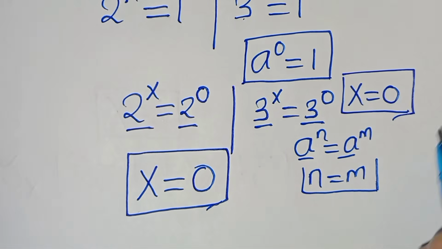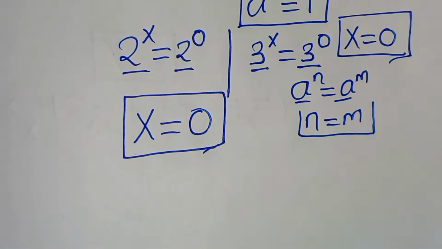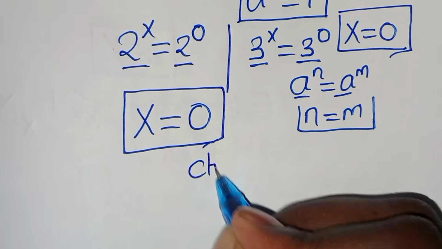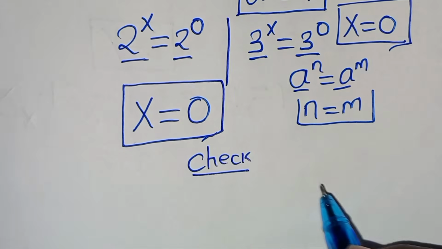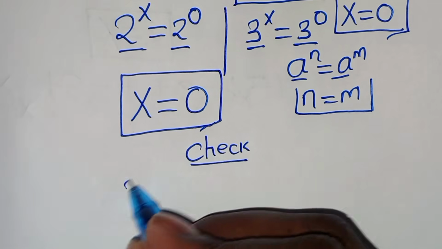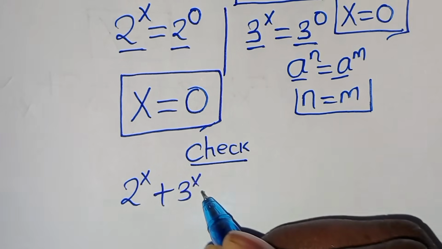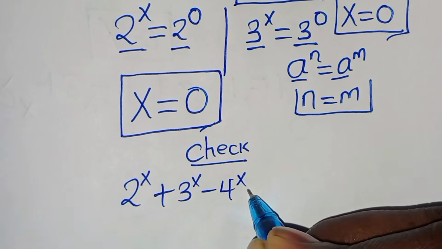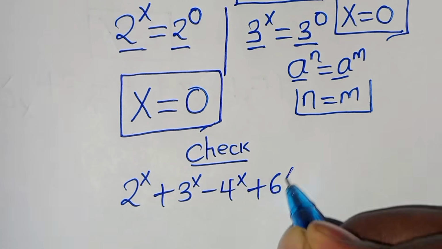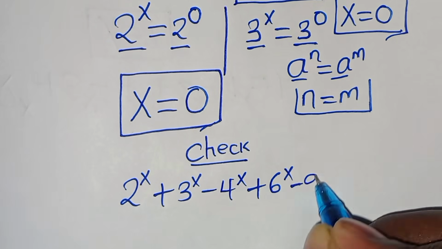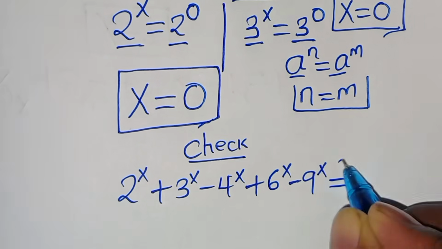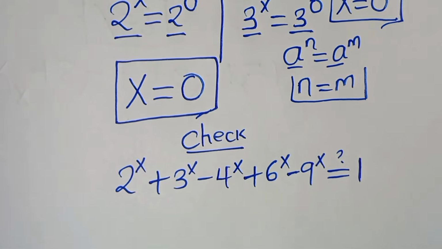So this is the value of x. Now, let's check if this value of x satisfies the equation. We have 2 to the power of x plus 3 to the power of x minus 4 to the power of x, then plus 6 to the power of x minus 9 to the power of x. This should give us a value of 1.